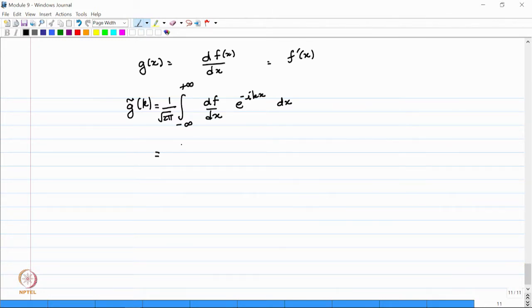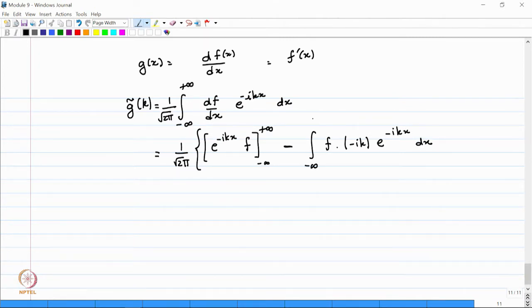When you integrate by parts, what you will get is 1 over square root of 2 pi. The first term will have e to the minus i k x into f, evaluated from minus infinity to plus infinity. The second term is the integral of f times the derivative of e to the minus i k x, that is minus i k e to the minus i k x, from minus infinity to plus infinity.